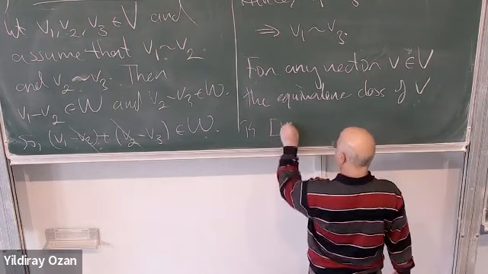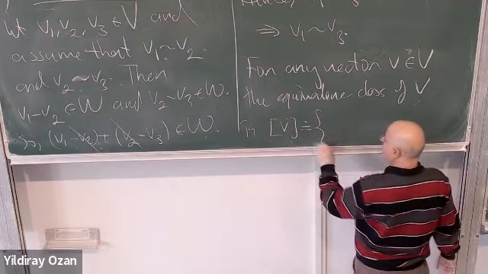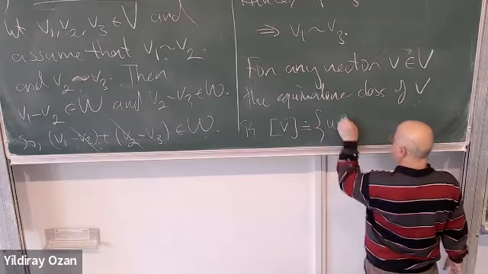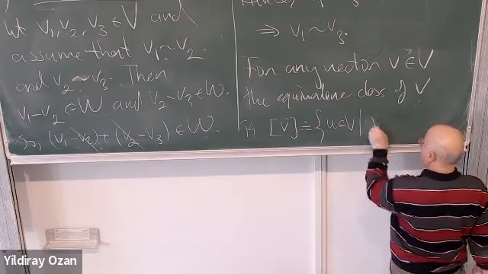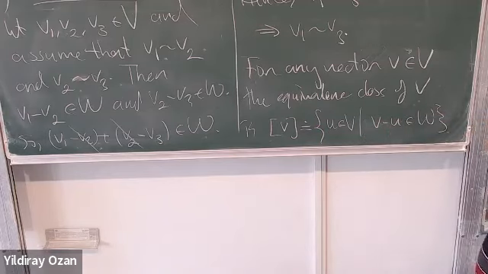Let me denote the equivalence class with this. So what is this? This is the set of all vectors u in V so that v minus u is in W, right?